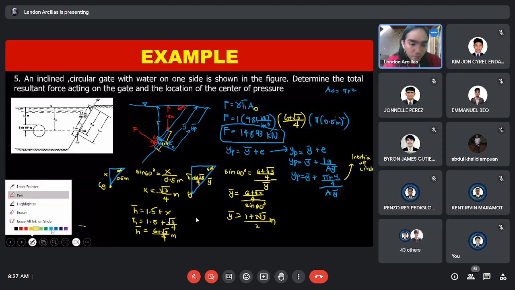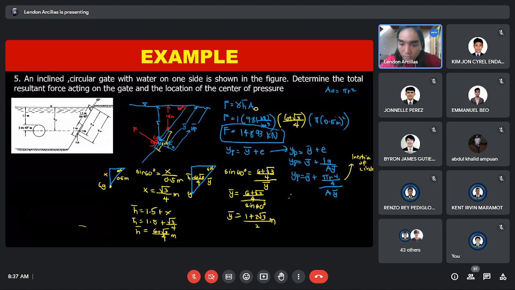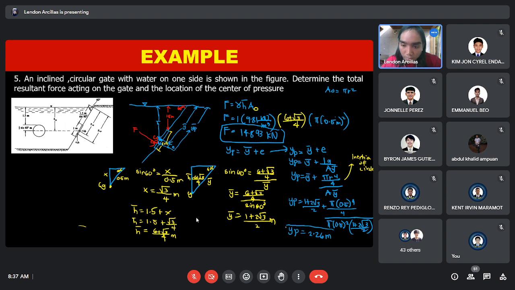Next is y bar is 1 plus 2 square root of 3 over 2 plus pi times radius is 0.5 over 4 over 4. Area is pi r squared times y bar 1 plus 2 square root of 3 over 2. Right? So yp here is equal to 2.26 meters.